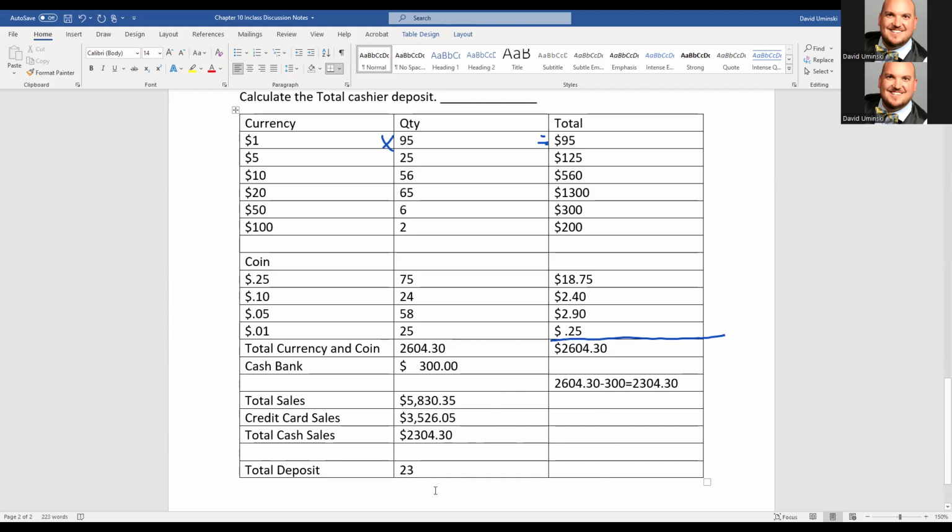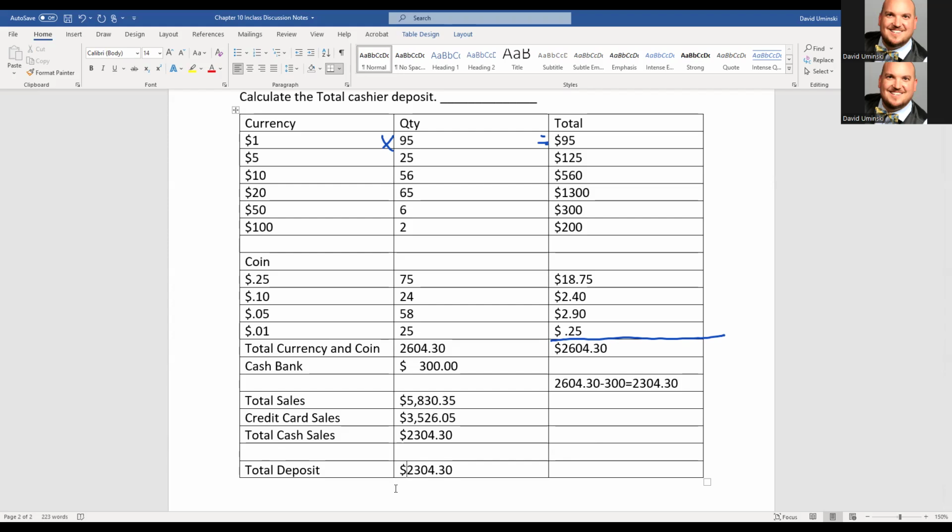And so my bank is 2304.30. So am I short or over or under? Or not at all? I'm exactly right. I'm not short. I'm not over.